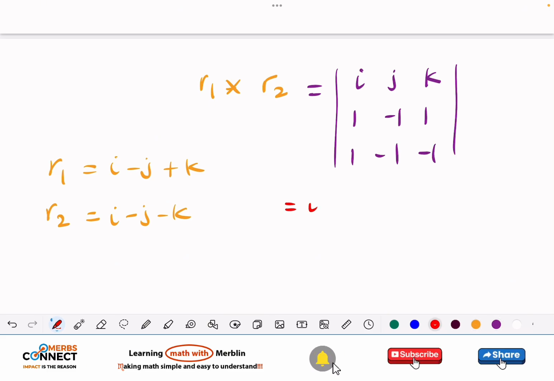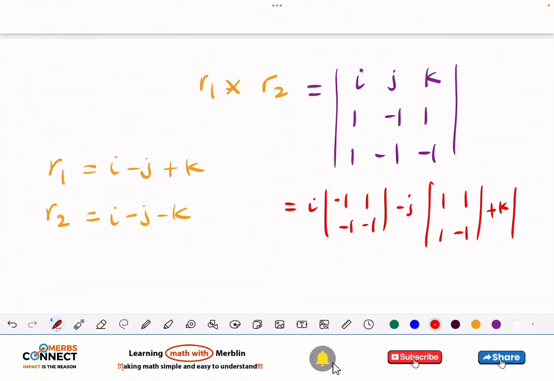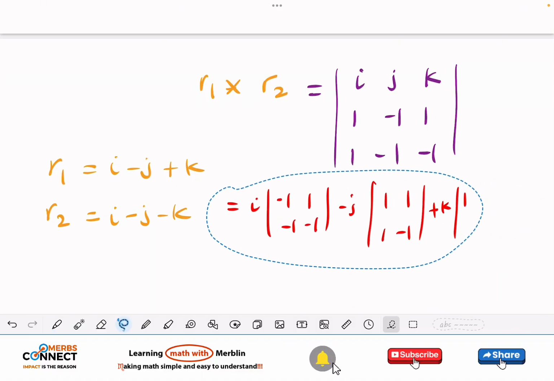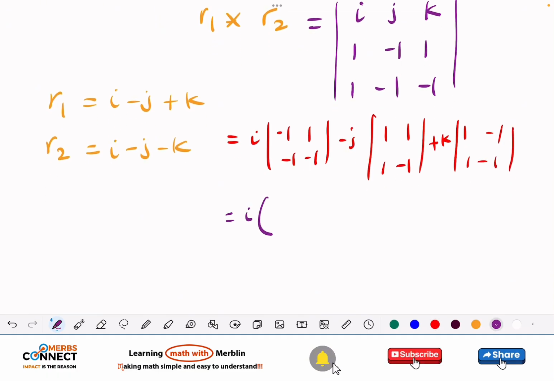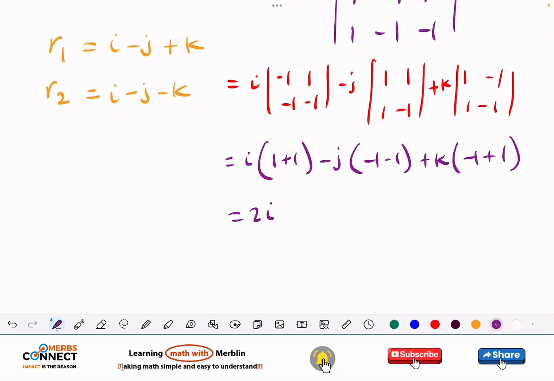Expanding, this is going to be 1 plus 1 for i, minus j times minus 1 minus 1, plus k times minus 1 plus 1. So this is going to be 2i plus 2j plus 0. So this is what we are going to get.